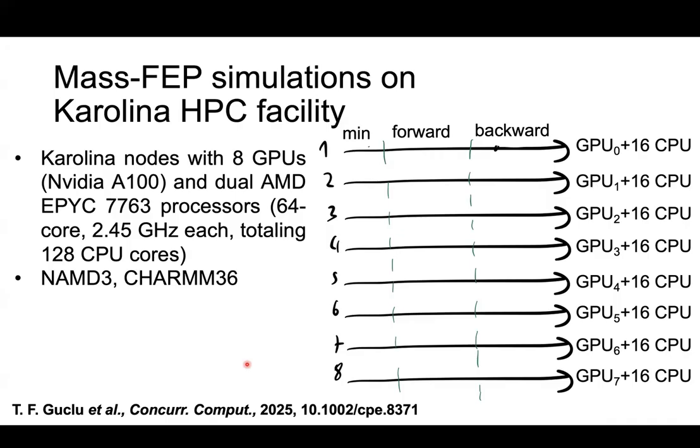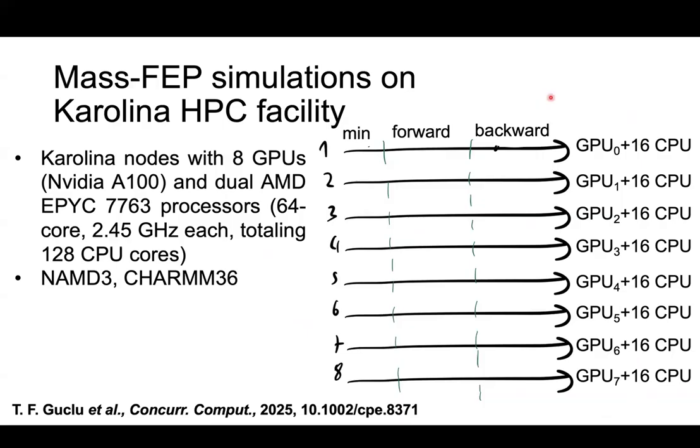So we use Carolina nodes. Carolina nodes have 8 GPUs, these A100 GPUs, which are quite good, and they have processors. We use NAMD3 software and CHARMM36 force field. So we parallelize our simulations. Actually, parallelization is a bit difficult. Why?